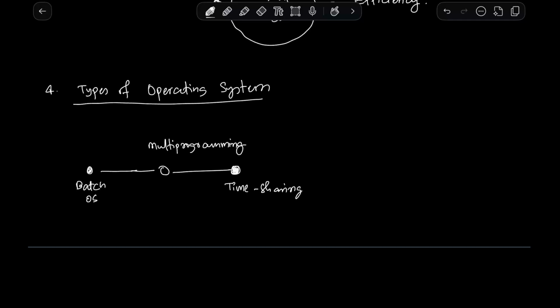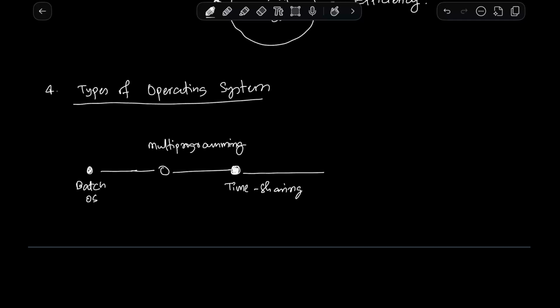The computer switched between users so fast that every single person felt like they had the entire machine to themselves. This was the time when users felt true live interaction, because everyone felt like, oh, I am having the entire machine.